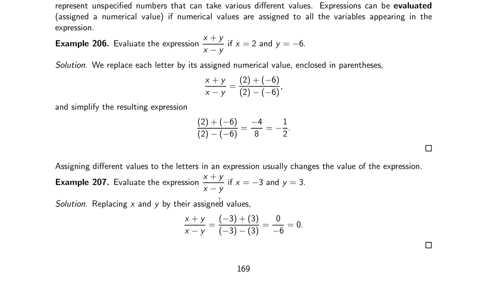Okay, the same algebraic expression, but this time different x's and y's. So now x is negative 3 and y is 3. What happens when you substitute these? Well, on the top we have negative 3 plus 3. On the bottom it's negative 3 minus 3.